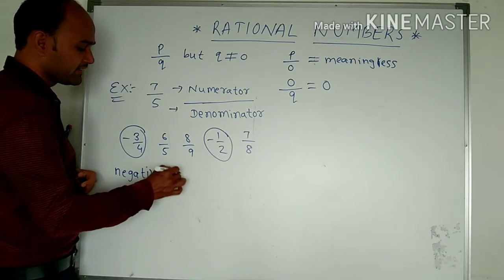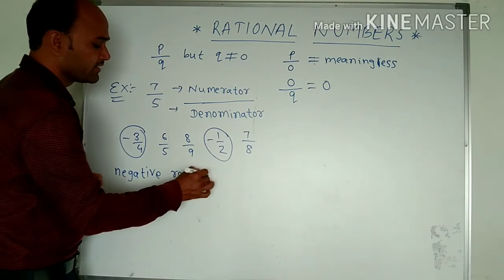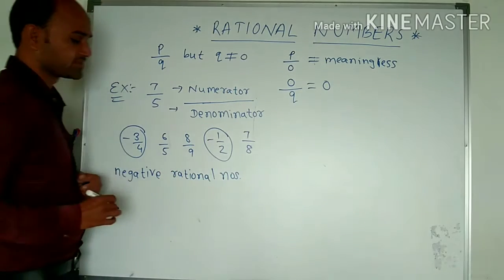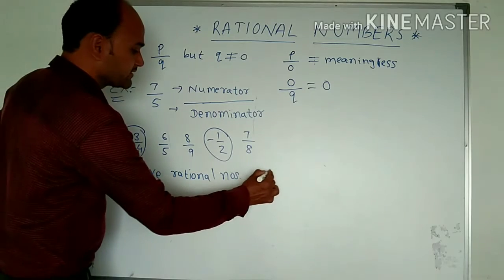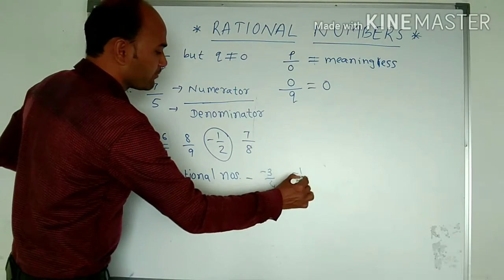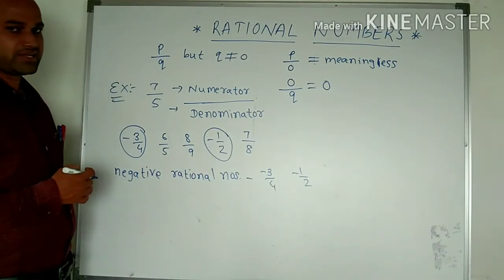The negative rational numbers here are minus 3 upon 4 and minus 1 upon 2.